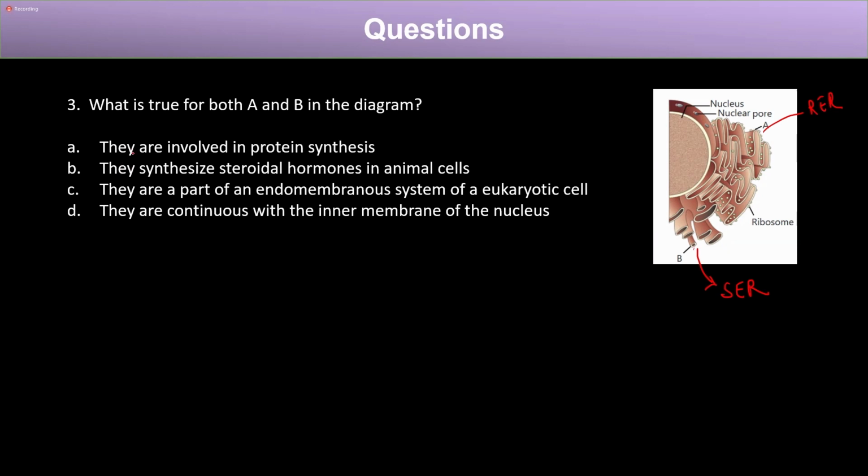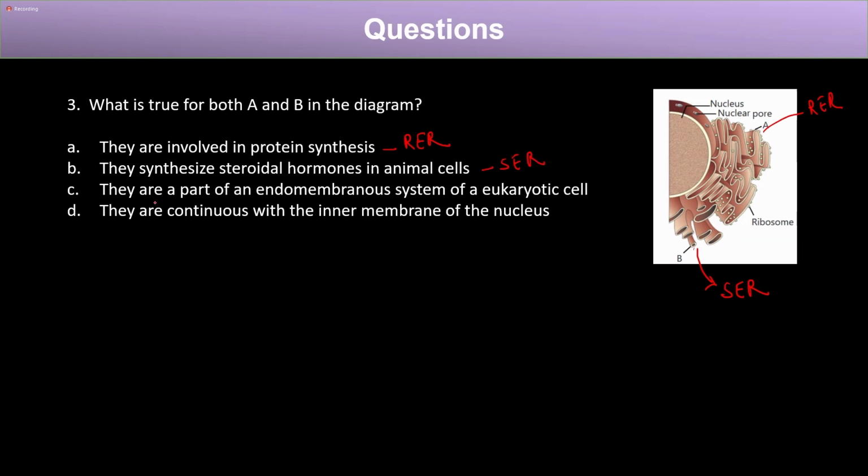What is true about both of these? The first option is they are involved in protein synthesis. No, only the rough endoplasmic reticulum is involved in protein synthesis, right? The second option is they synthesize steroidal hormones in animal cells. The steroidal hormones are synthesized by SER.